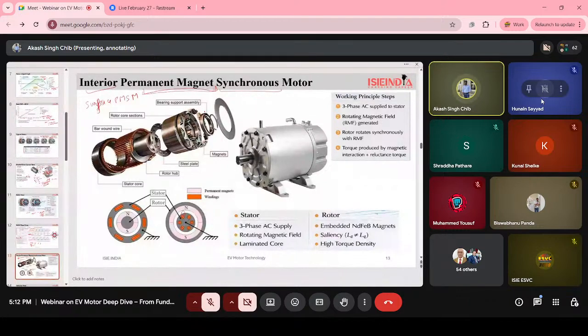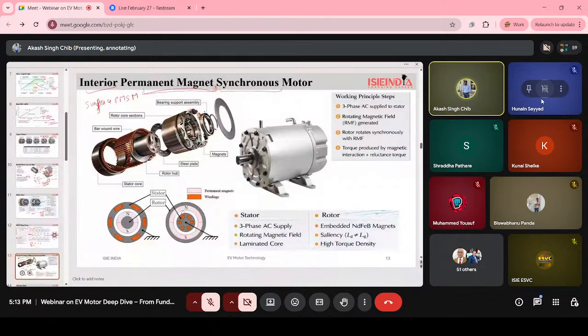We also have magnets in the BLDC, but why is the name permanent magnet used here, and why synchronous? Why is it named permanent magnet synchronous motor? Anyone? You can speak. Nobody?